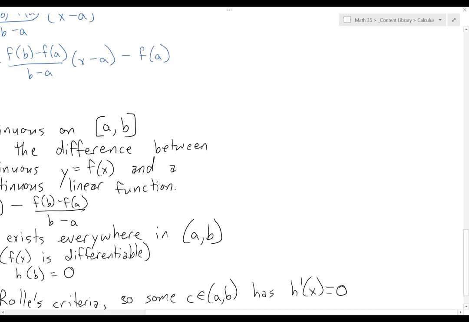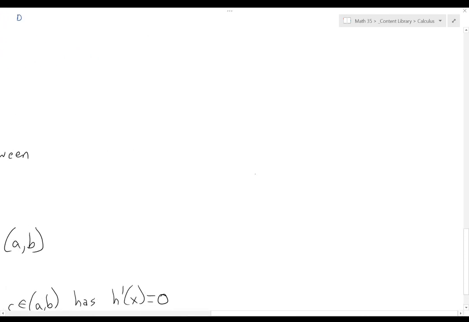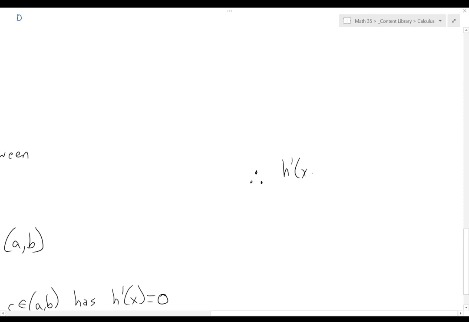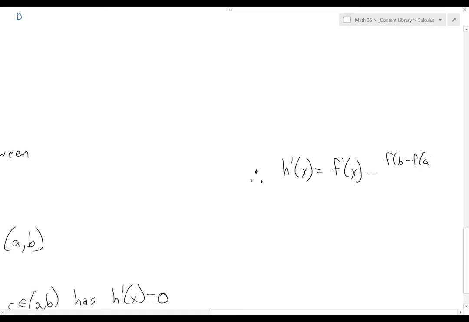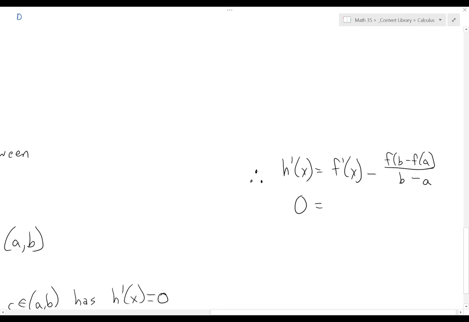So somewhere in there, the derivative h prime of x is 0. Well, okay, what that means, since we know that h prime of x is f prime of x minus f at b minus f at a over b minus a, is that there's some value c for which that is 0.